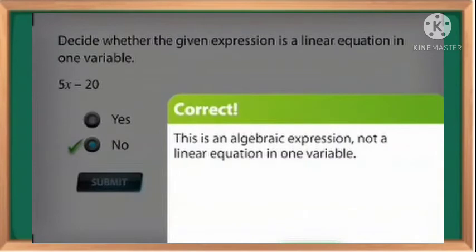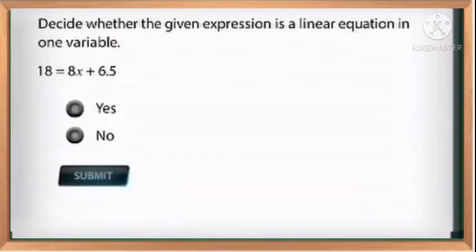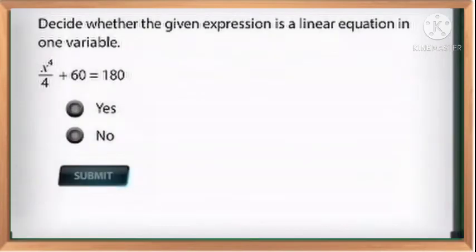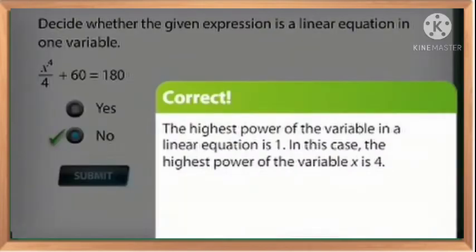This is an algebraic expression, not a linear equation in one variable. Well done! The highest power of the variable in a linear equation is 1. In this case, the highest power of the variable x is 4.